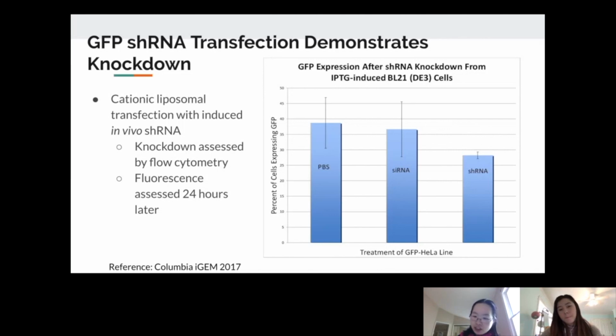And as you can see, it actually didn't work that well to test the knockdown of the GFP, but our shRNA, which is the third bar, produced a statistically significant difference in the GFP expression, and clearly you can see that there was a decrease in GFP expression, and this shows that our shRNA was effective in knocking down gene expression.